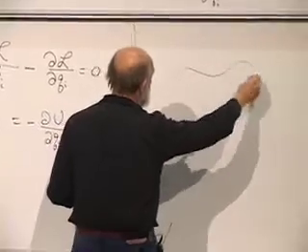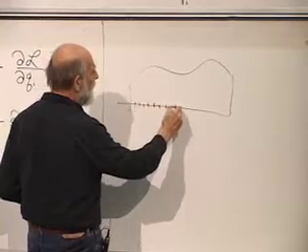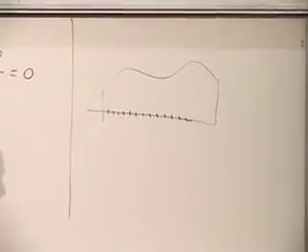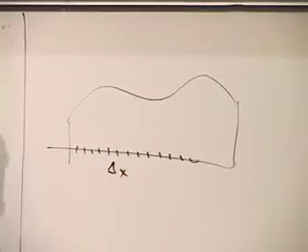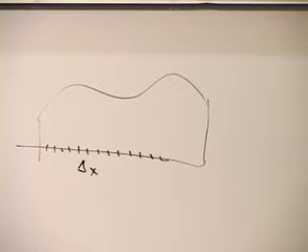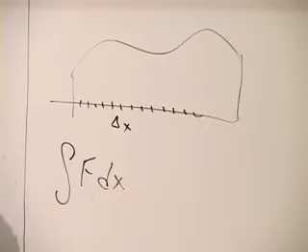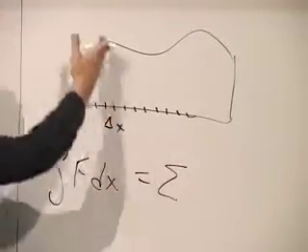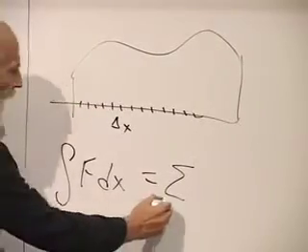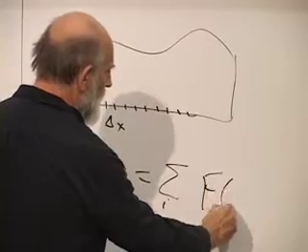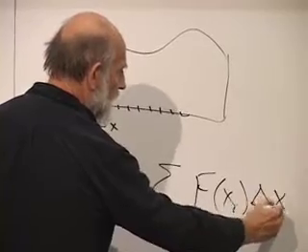If we have a function on an axis, and the interval between neighboring points is, let's call it delta x, then the definition of an integral, f dx, is just a summation over all the values of the function at all these discrete points, summation over i, of the value of the function at the ith point, call it x sub i, times delta x.